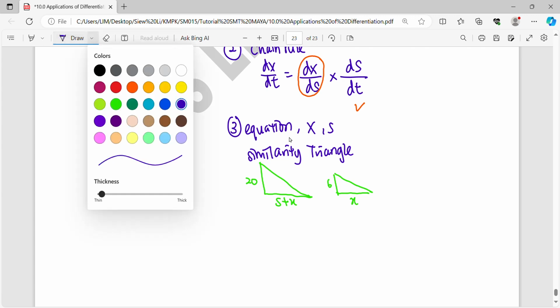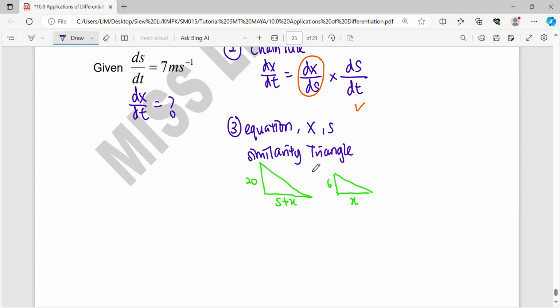Then we can do our ratio here. We take the base to height ratio of the small triangle, and also the base to height ratio of the big triangle. We try to express our equation in terms of x and s. So this is the equation.